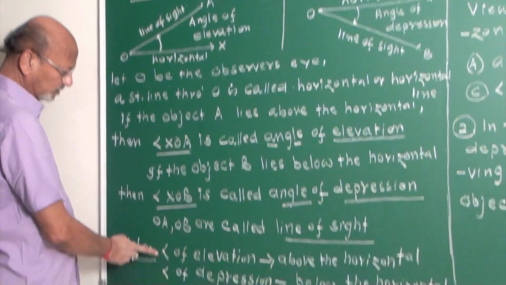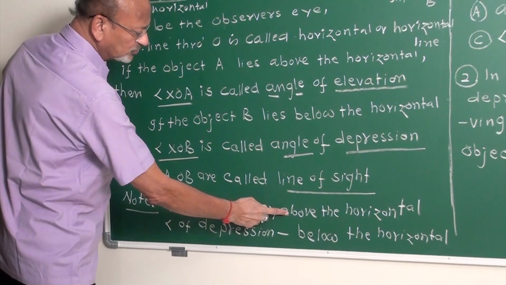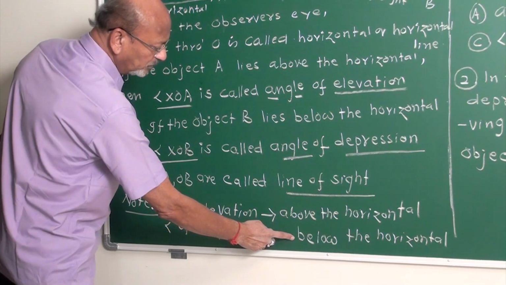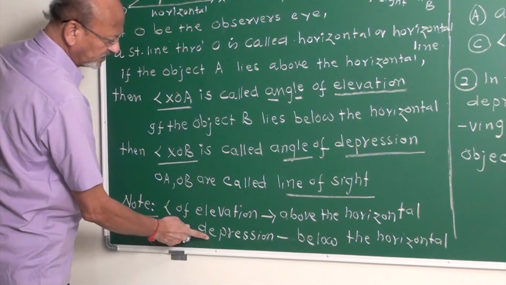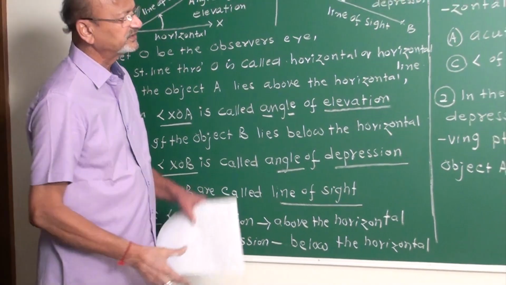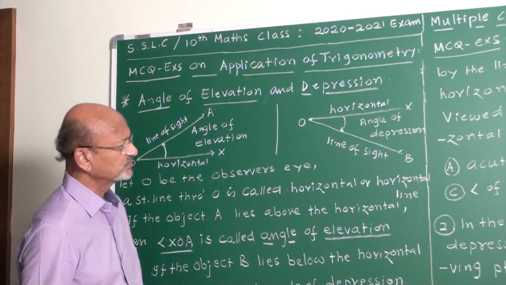Therefore, note, for angle of elevation, the object is above the horizontal. For angle of depression, the object is below the horizontal. Above is elevation, below is depression. Remember, my friends. Now I do some 4 or 5 examples based on this elevation and depression.